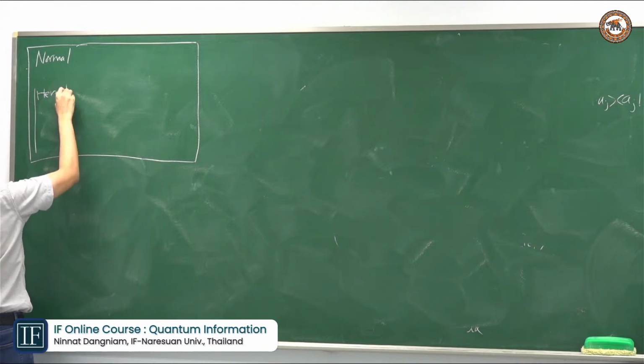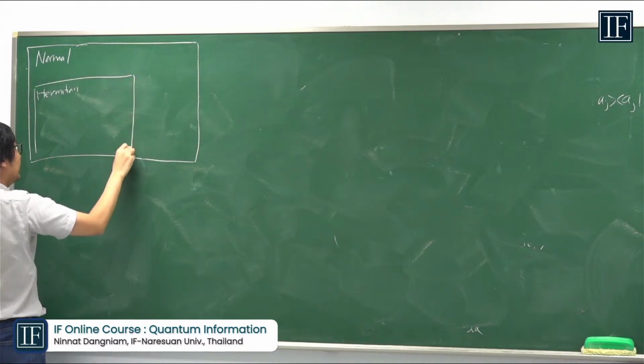Then of course I have the Hermitian operators as a subset, right?